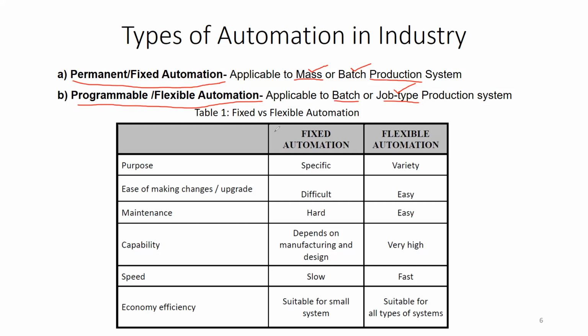There, although the location of the machines will remain the same, if we consider the flexible automation, the machines which are located will be at the same positions, but you can reroute your material movement as per the requirement of the batch.